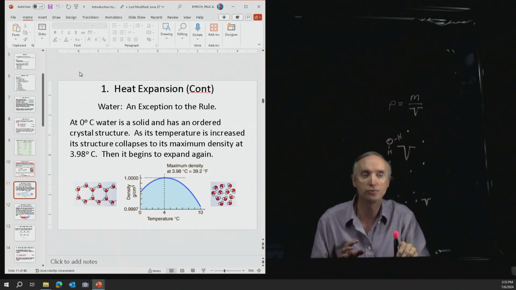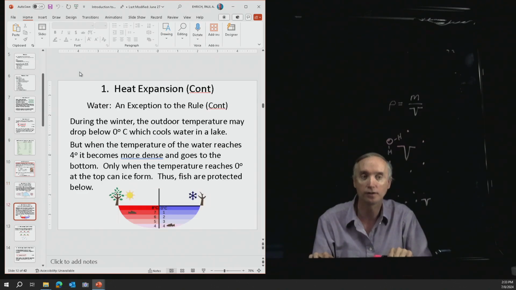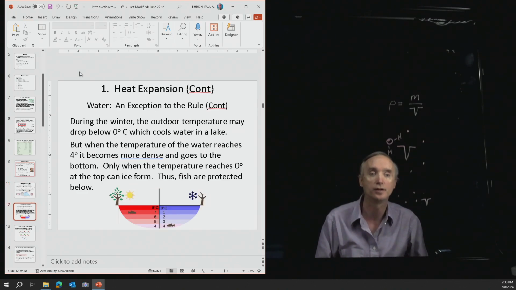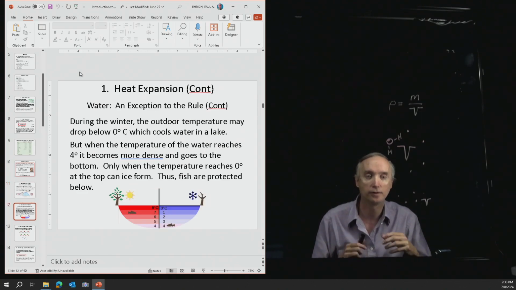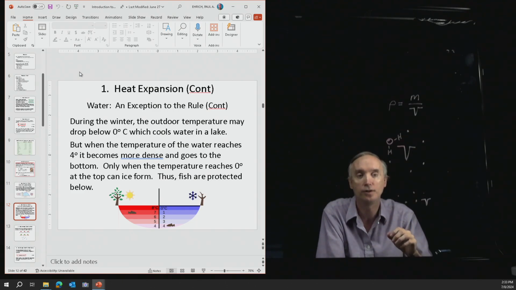So this has huge consequences as far as lakes and the ability for fish to live in cold weather. So let's take a look at this picture here. So that shows a pond, and let's say it's winter time out.